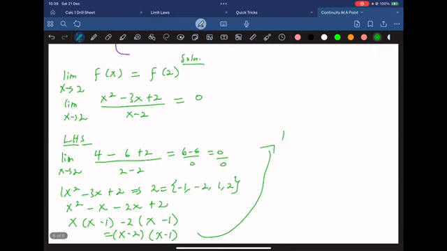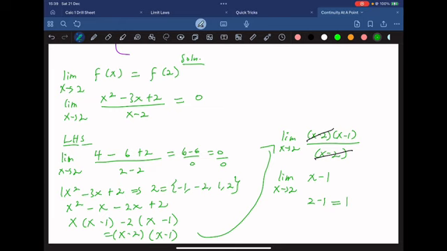So we have limit as x approaches 2 of our numerator, which is now x minus 2, x minus 1, over our denominator, which is just x minus 2. So clearly, we can see that this will cancel this. So all we have left is limit as x approaches 2 of x minus 1. So now let's put in 2. If we do that, we have 2 minus 1, which is equal to 1.